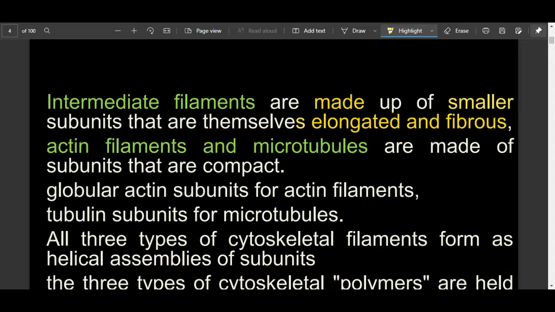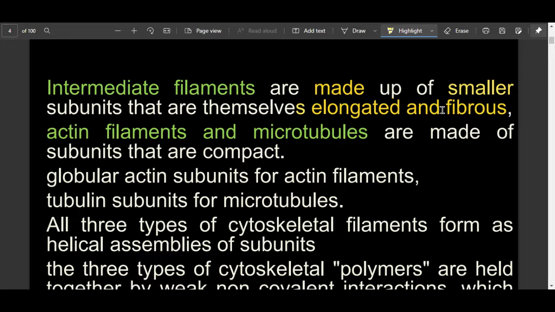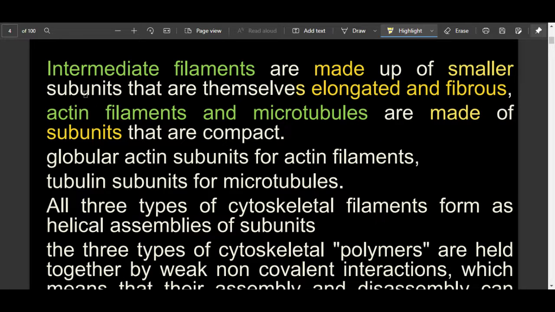Actin filaments and microtubules are also made of subunits. One subunit joins another subunit and makes an elongated, fibrous structure. So intermediate filaments, actin filaments, and microtubules are all made up of smaller subunits, and the subunits are compact.